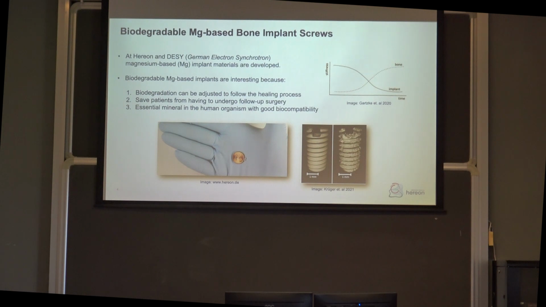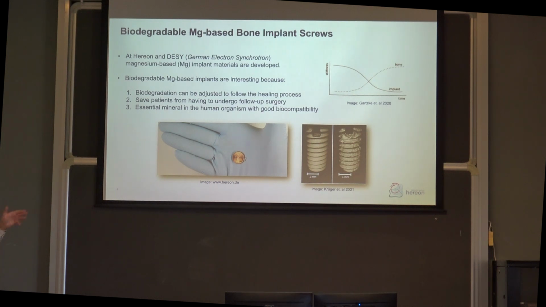The good thing about these magnesium-based implant materials is that they are naturally degrading within the human body. So they remove the necessity of a follow-up surgery to remove the implant, as they dissolve naturally in the human body. They can be adjusted in terms of the corrosion.